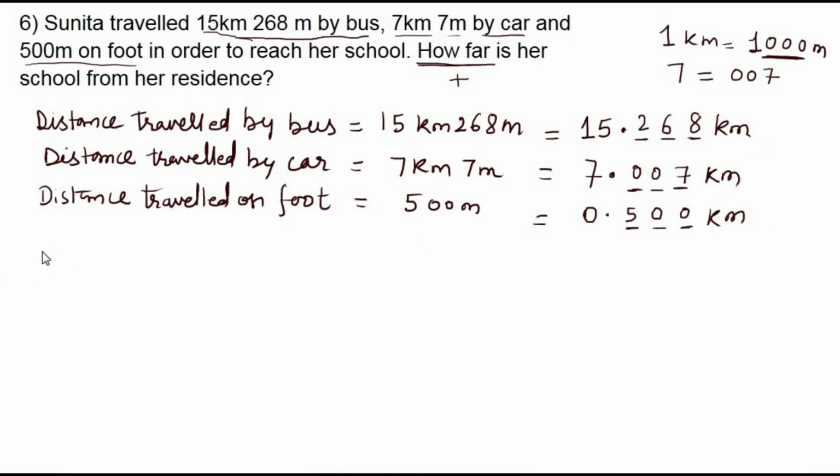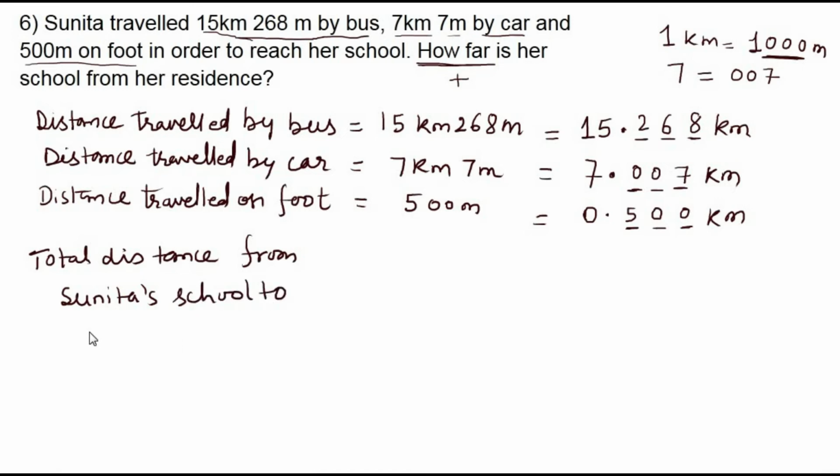So here we can write total distance from Sunita's school to her residence equal to, we need to add all these 3 numbers.